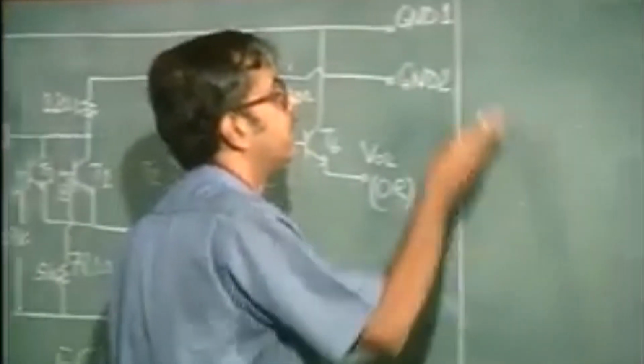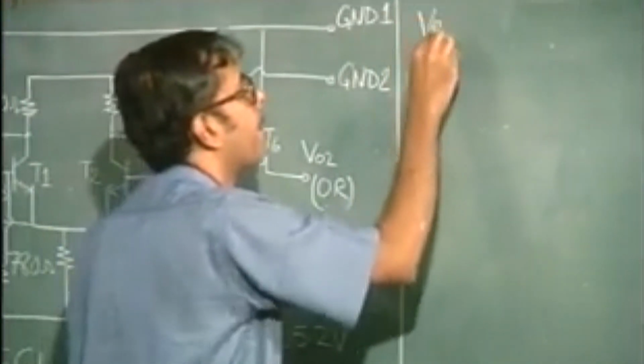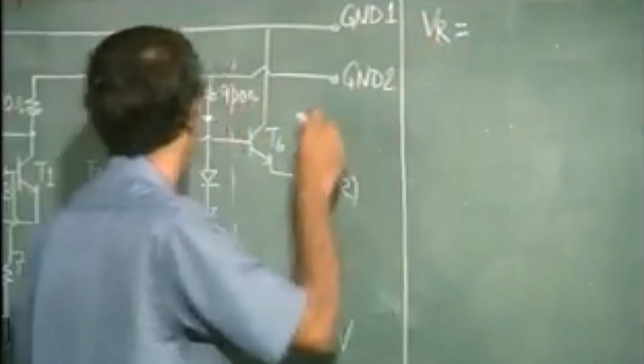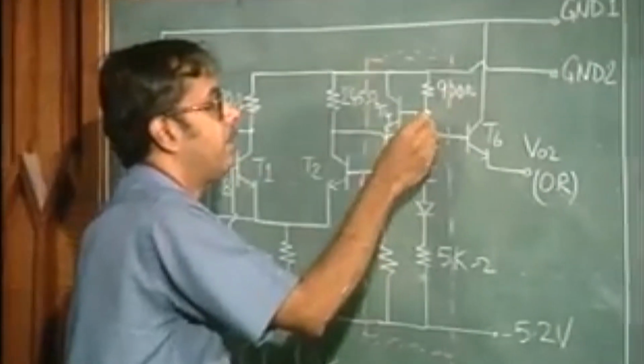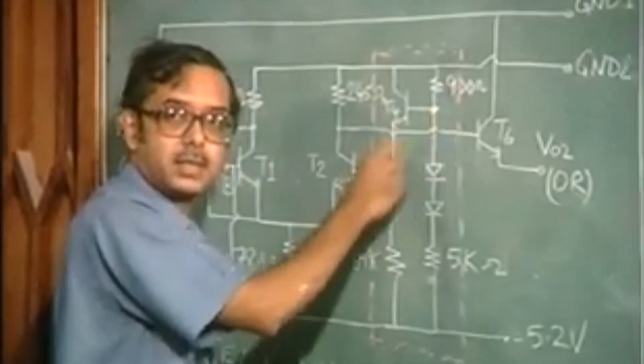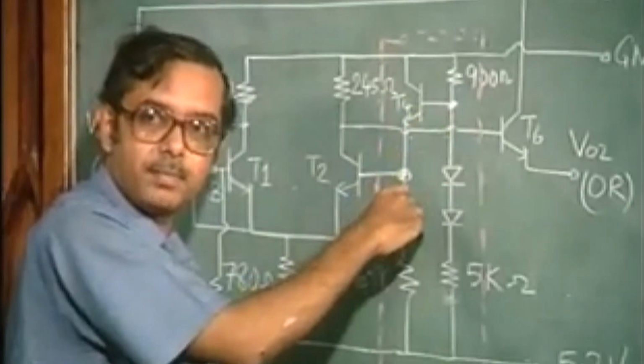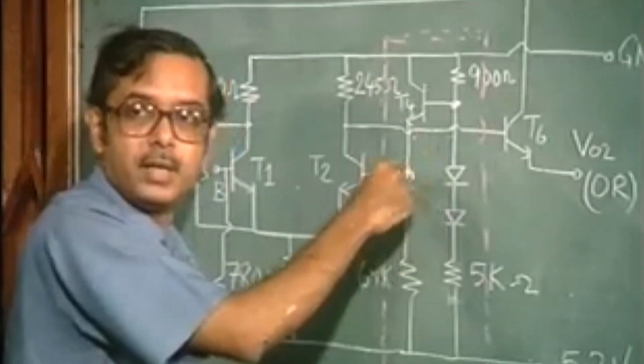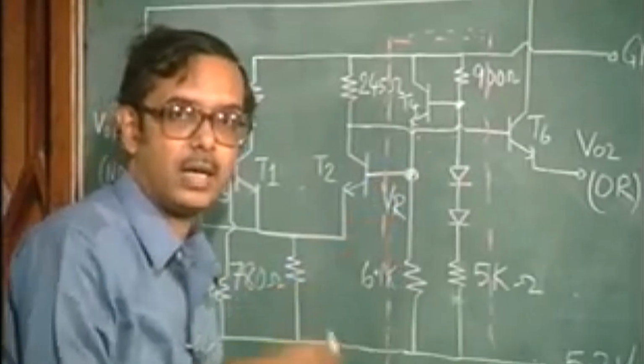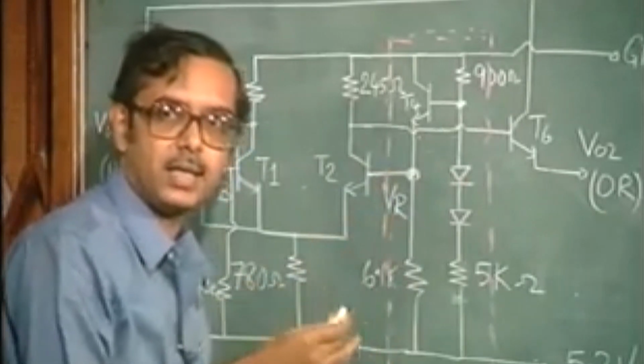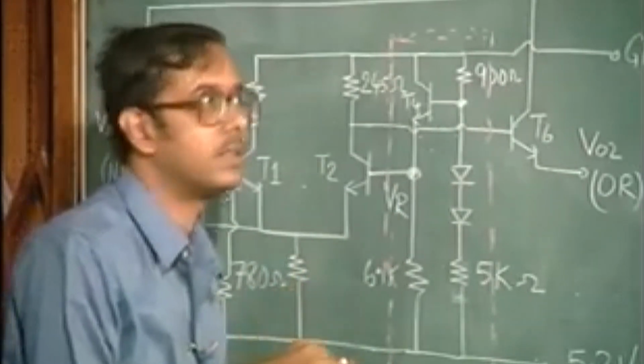VR, or the reference voltage from this circuit, is the base voltage of T4 minus the VBE of T4. VBE of T4, or of any transistor here, let us call it V on.